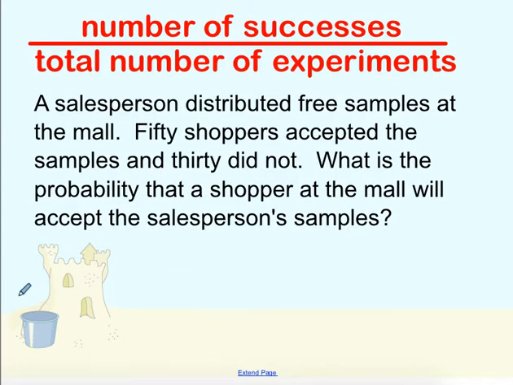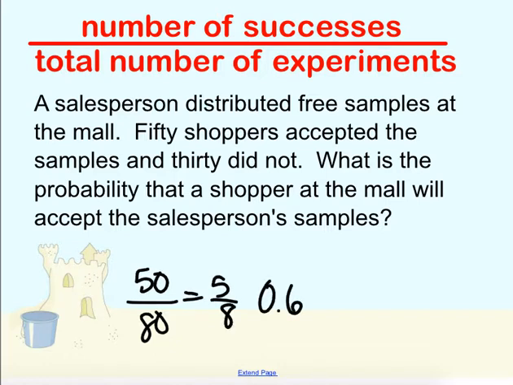Let's try another one. A salesperson distributed free samples at the mall. 50 shoppers accepted the samples and 30 did not. What's the probability that a shopper at the mall will accept the salesperson's samples? Well, the total number of experiments is the total number of people that they saw, which in this case is 80. And the ones that did accept the samples is 50, so 5/8, or 0.625, which as a percentage is 62.5%.